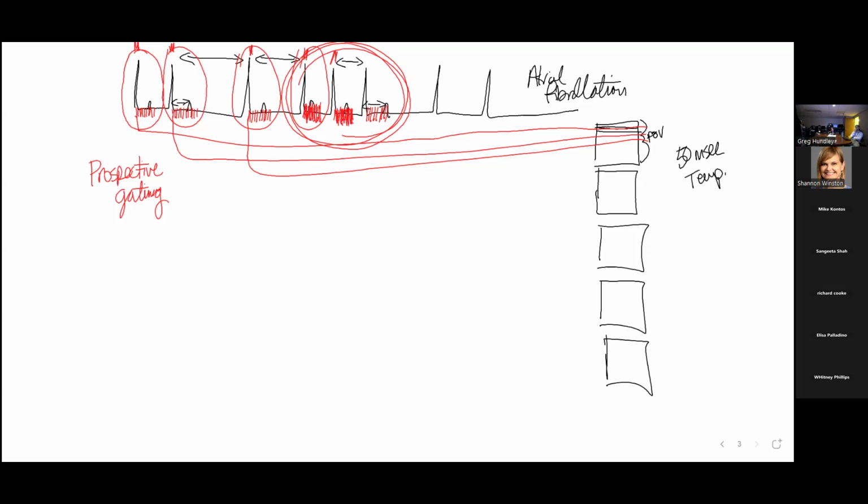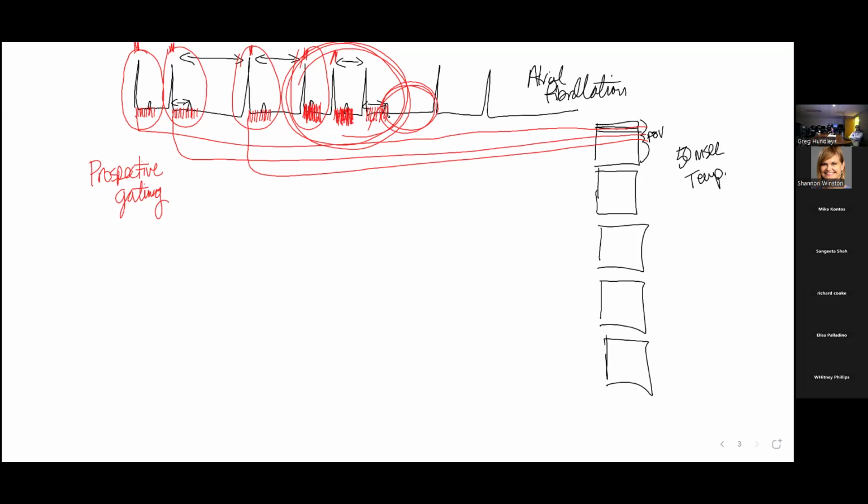So why do we not use prospective gating all the time? Takes care of the problem. Because you throw away what might be going on in diastole, and sometimes we're interested in that.